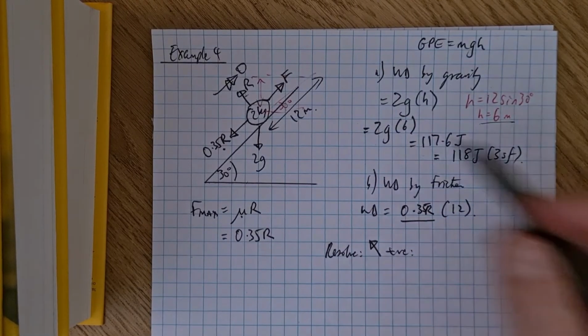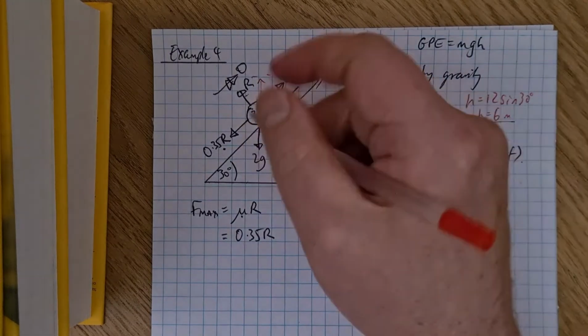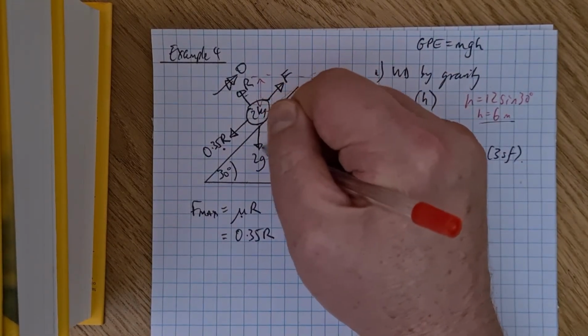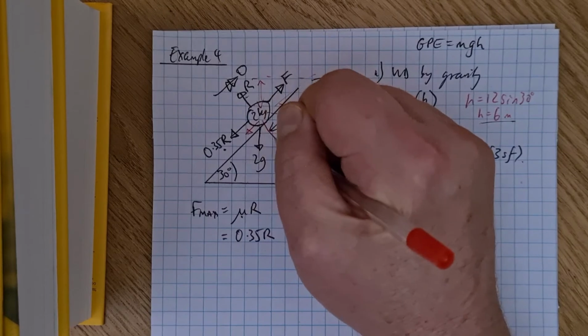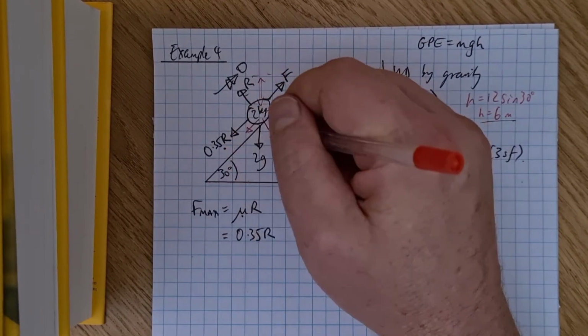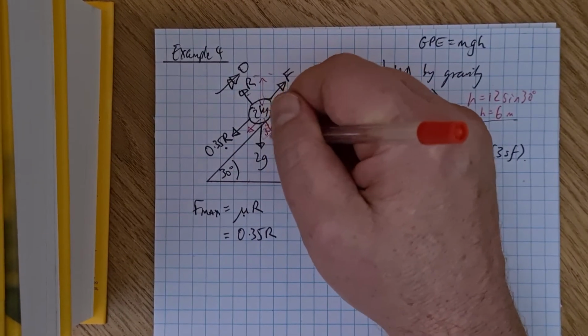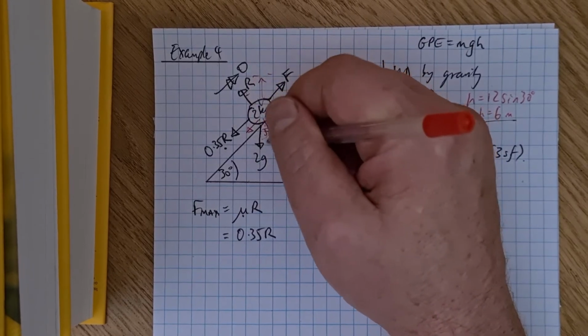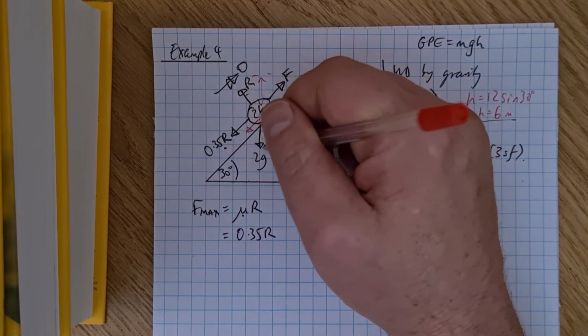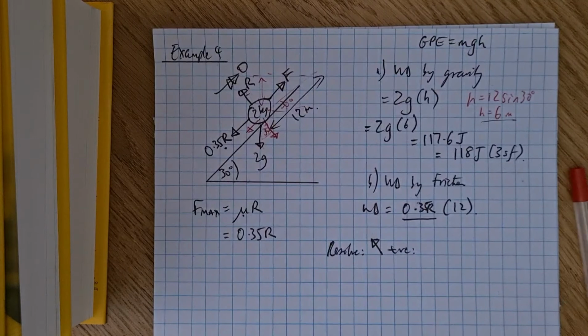So here, some people are happy to write our weight there in 2 components, or you can see that the 30 degrees would fit there. So you'll hopefully see that the component in that direction is going to be 2g cos 30.